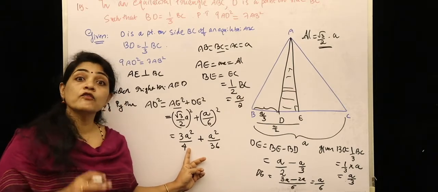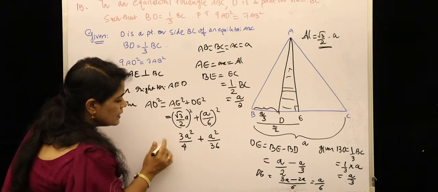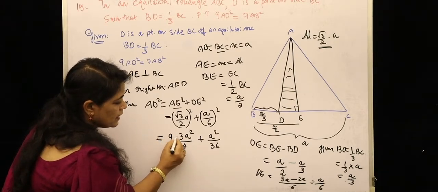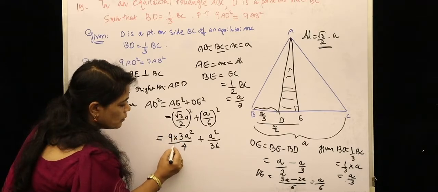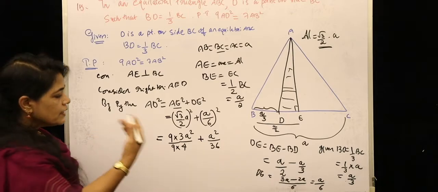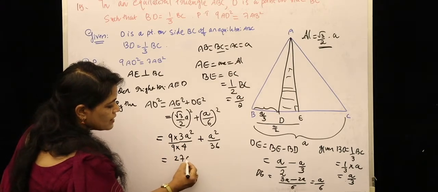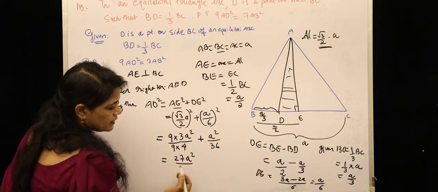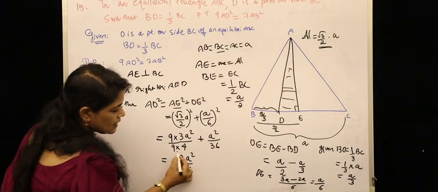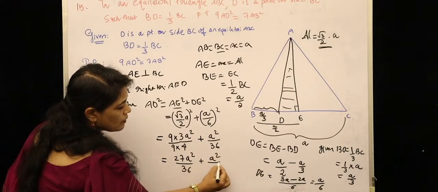If you multiply 4 with 9, we get 36. So I am going to multiply the first term, numerator and denominator, with 9. In the next step, you will get 9 3s are 27 A square divided by 36, 9 4s are 36, plus A square by 36.